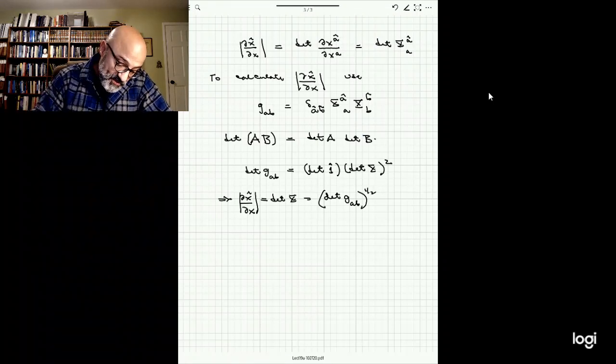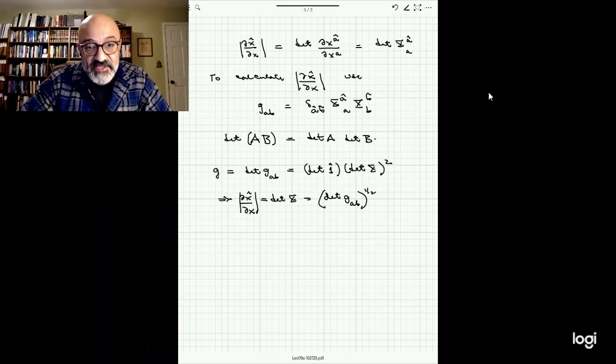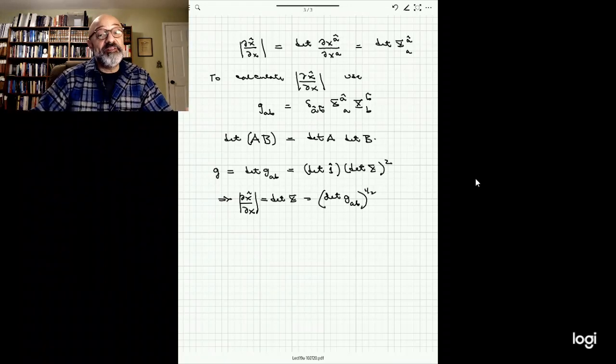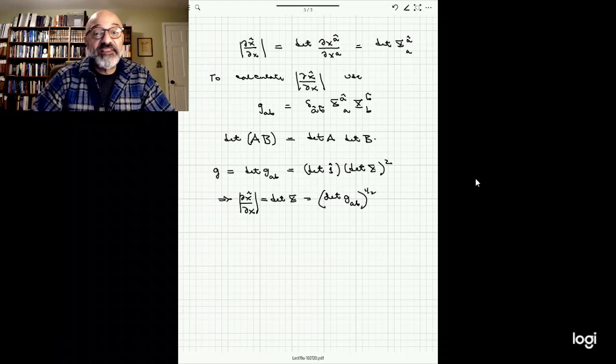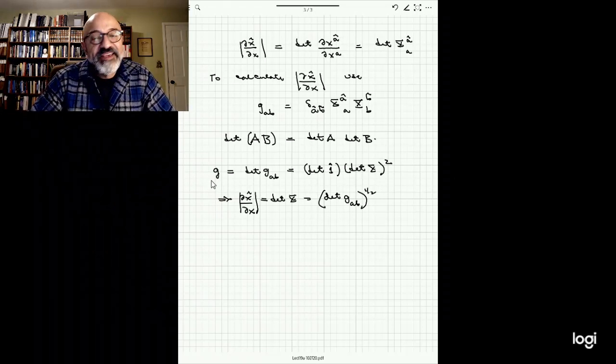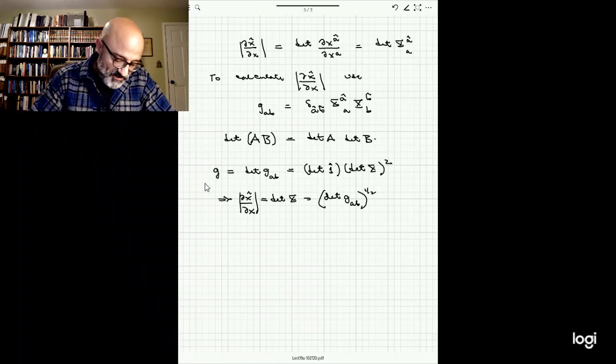So the notation we're going to use is we're going to call the determinant of G, little g. So whenever you see a g, you have to be very careful. Am I talking about the metric tensor or the metric matrix, or am I talking about the determinant? In general, there is no risk of confusion, but it's one of those things you have to be aware of.